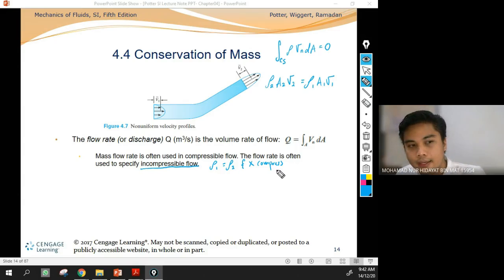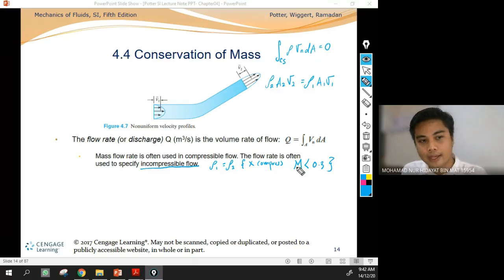Normally they define incompressible when the Mach number is less than 0.3. Why less than 0.3? Because when the speed is low, there is no change of density.